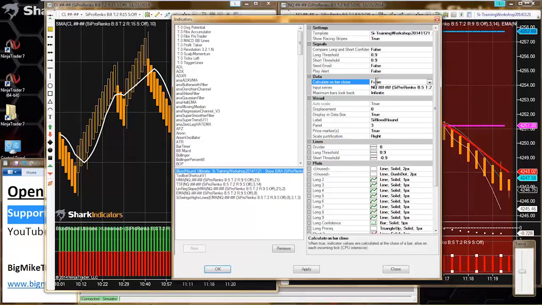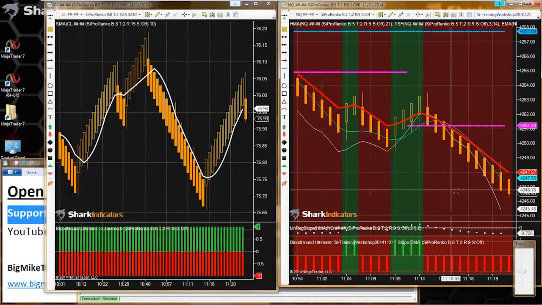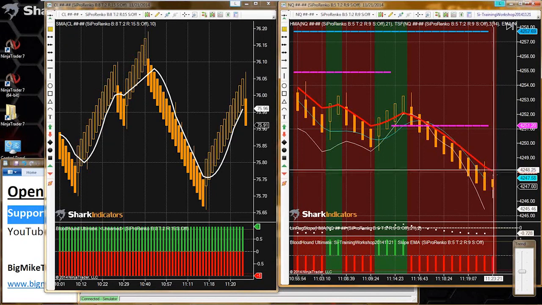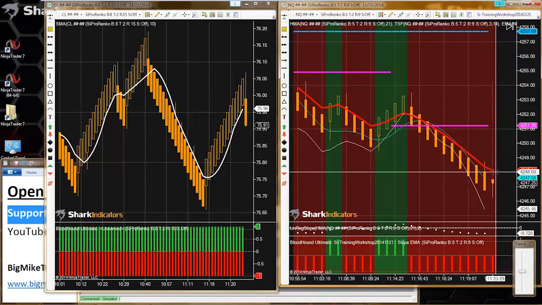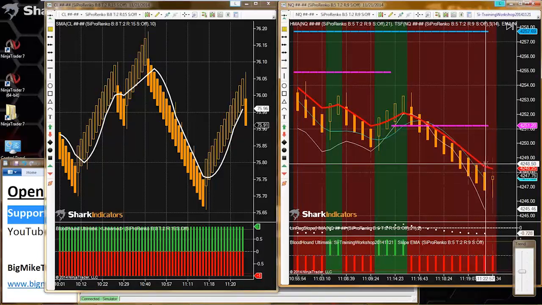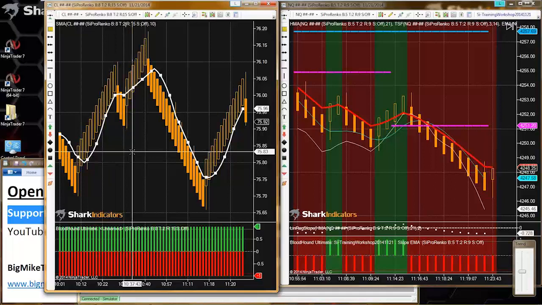You just can't backtest it, because what I was trying to show you here is that you don't know what happened. You don't know what the output of that indicator or any indicator is when the bar opens, because you're going to get a signal as soon as the bar opens, and you don't know what that indicator value is when the bar closes, right? Historical charts are always showing you when calculating a bar close is true.